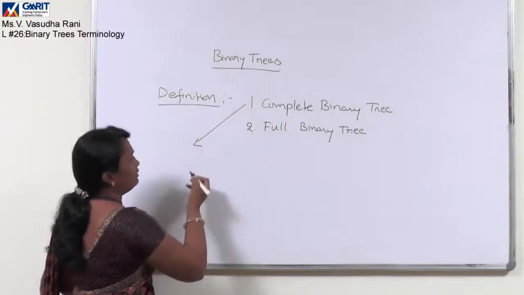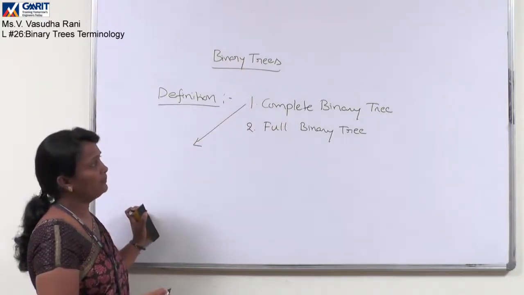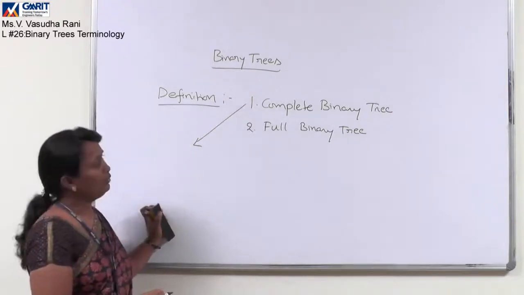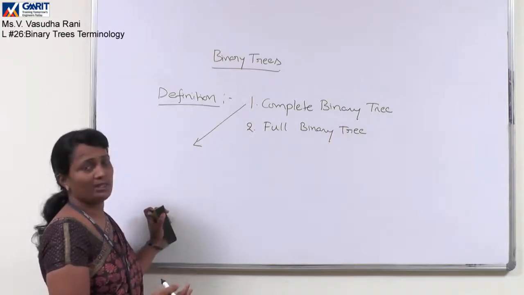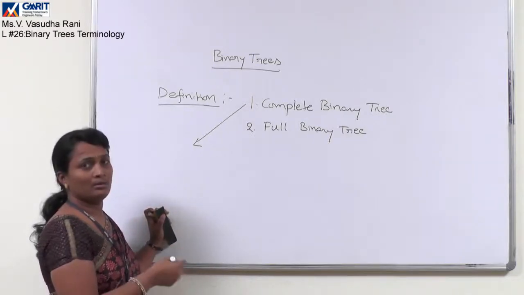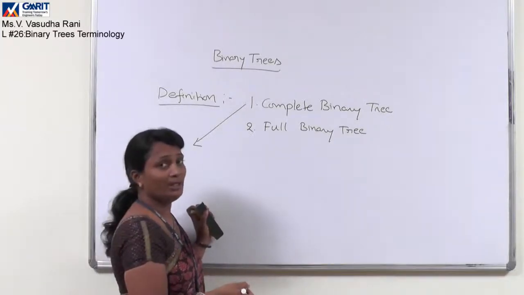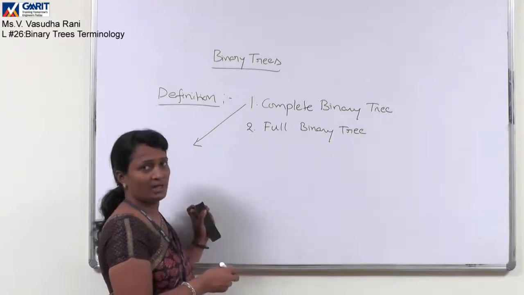Complete binary tree is a binary tree in which every node will have two childs for it except the leaf level, except the bottom level. Except the bottom level, every node should have two childs for it.